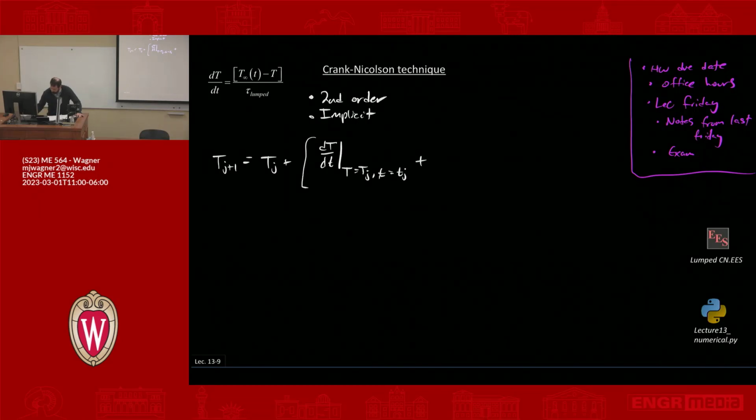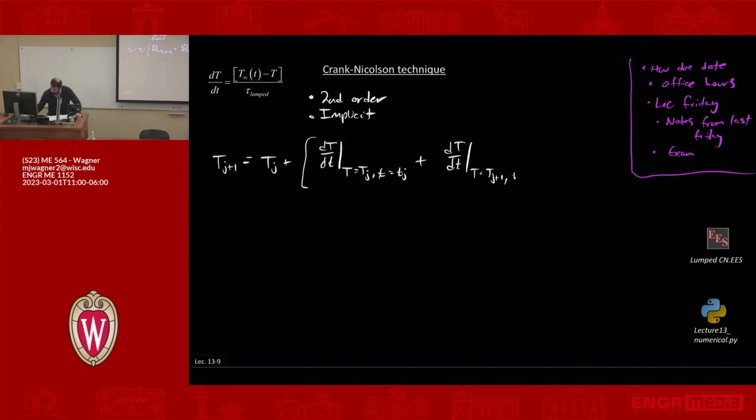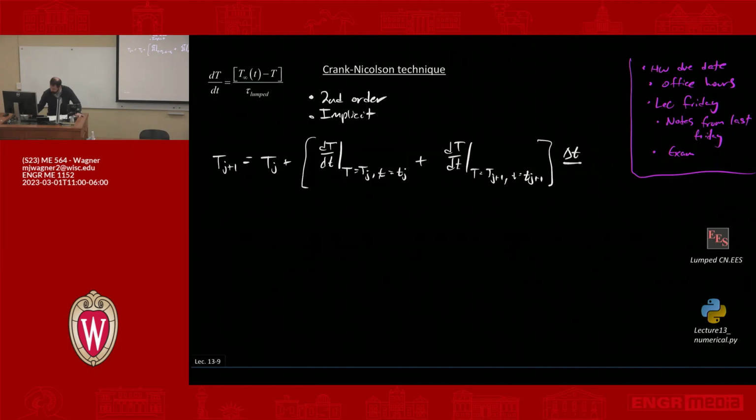And then we're also making an evaluation of dT/dt at temperature T_j+1, time t_j+1. And that would be times the time step, delta t, divided by 2. Okay, and this is going to be for, I guess, j equals 1 to m minus 1.